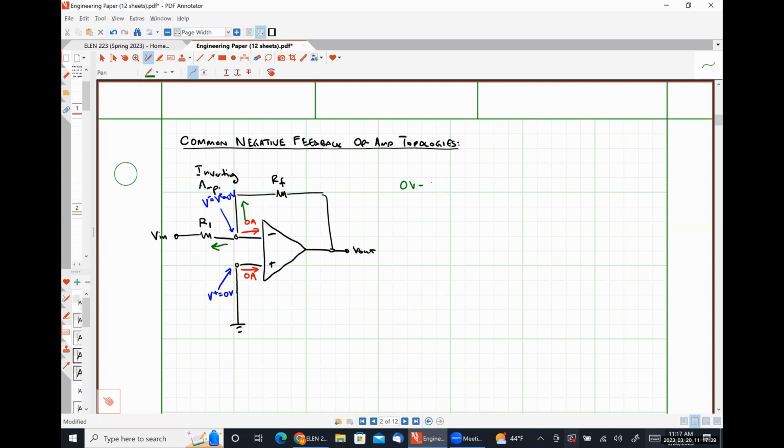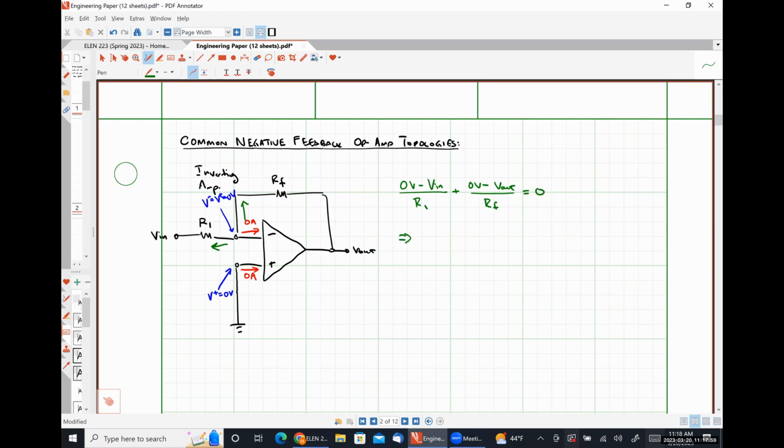0 volts minus V in over R1 plus 0 volts minus V out over RF will be equal to 0.